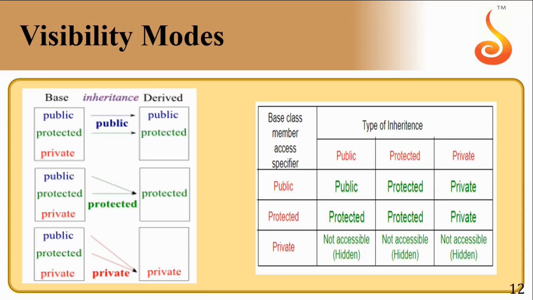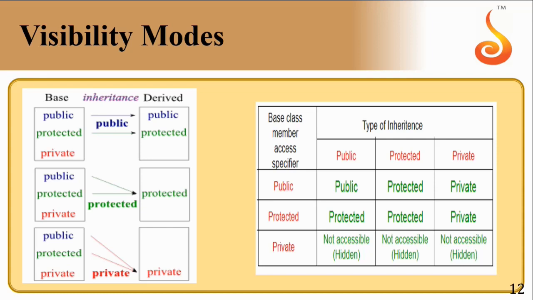Please see this. It is a very important question. In the table also you can have a look, and in this also you can have a look. So what it is saying: if the type of inheritance is public, public will go to public. If the type of inheritance is protected, public will go to protected.